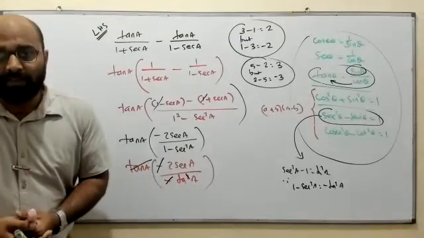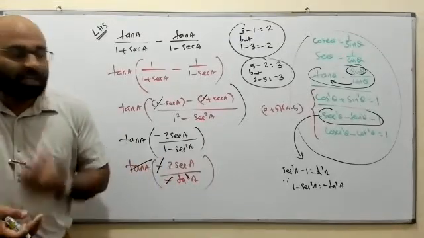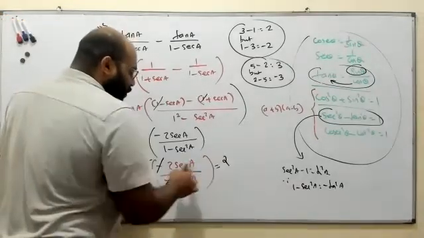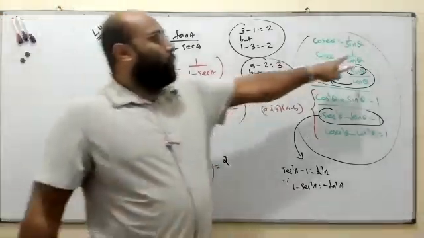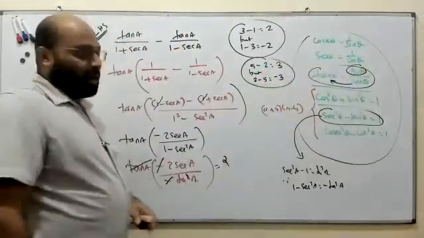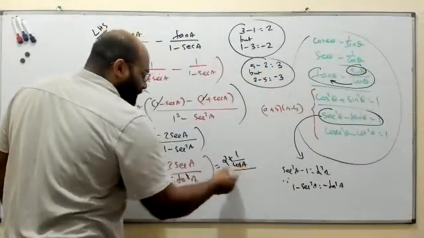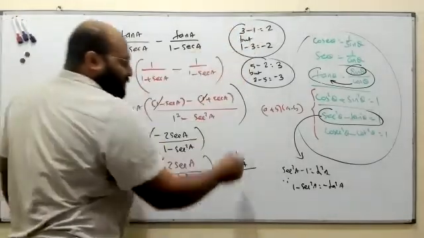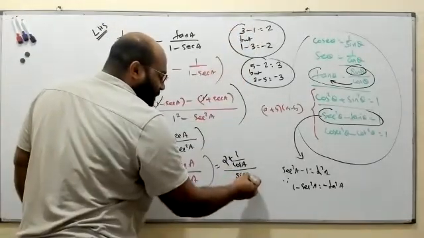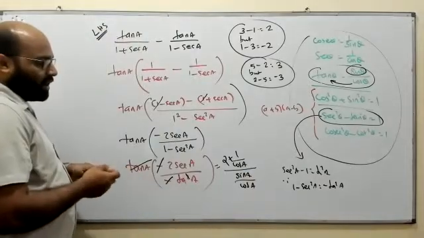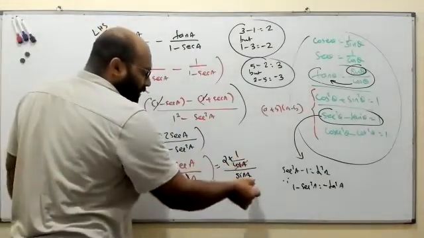Just to convert in terms of sine and cos, you can write 2 into, what is sec? Sec, you know, is 1 by cos. So 2 into 1 by cos a, divided by, what is tan? Tan also is ready with you. Sine a by cos a. Now you can cancel both the denominators, because if the denominator is a monomial, you can cancel.